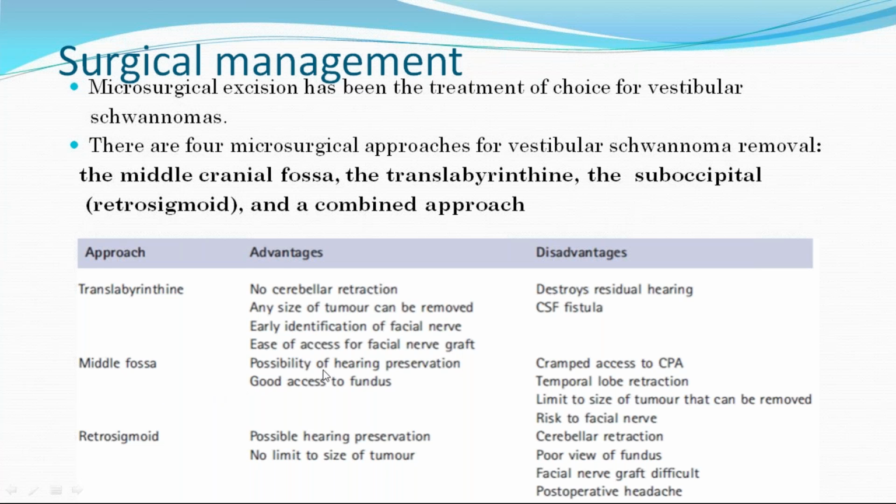In the middle fossa approach, there is a possibility of hearing preservation and good access to the fundus, but limited access to the cerebellopontine angle. Here, temporal lobe retraction can lead to temporal lobe aphasia. There is a limit to the size of tumor that can be removed, and there is risk to the facial nerve. And in retrosigmoid, there is cerebellar retraction, a very poor view of the fundus, facial nerve graft is difficult, and there will be post-operative headache.